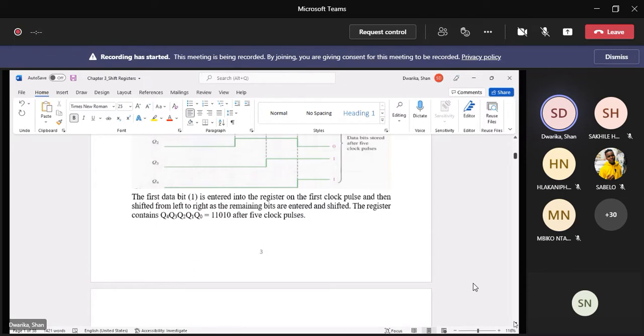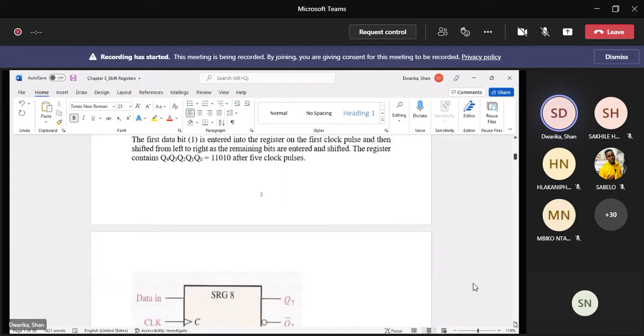The register contains Q4, Q3, Q2, Q1, Q0, which is equal to 1, 1, 0, 1, 0 after 5 clock pulses. It's important to note the sequence of the bits that you're going to get at the output as well.